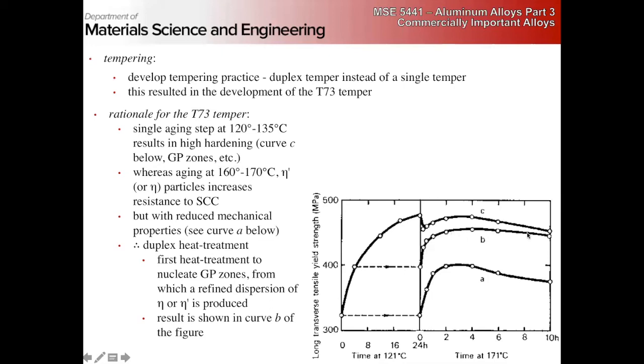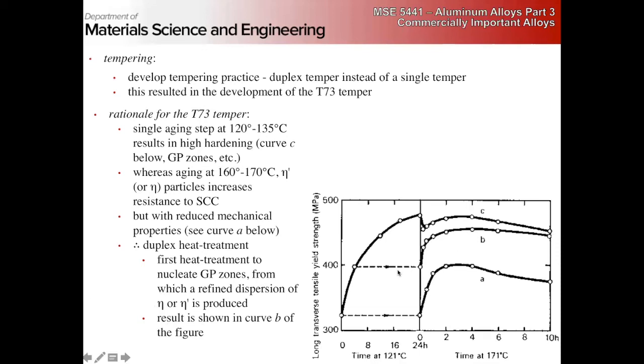And you'd get this B curve, and because the strengthening phase is the equilibrium eta phase, you get a good resistance to stress corrosion cracking and good mechanical properties.